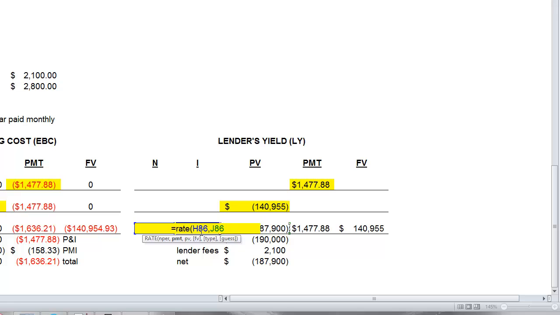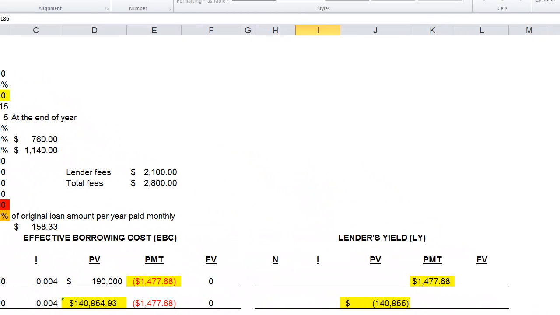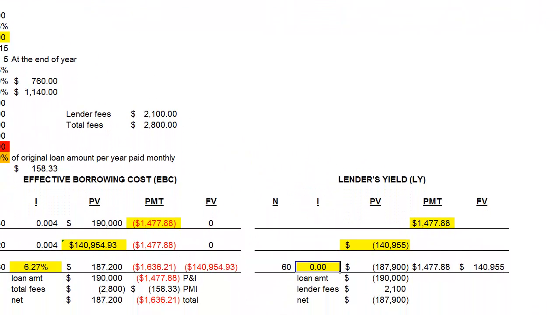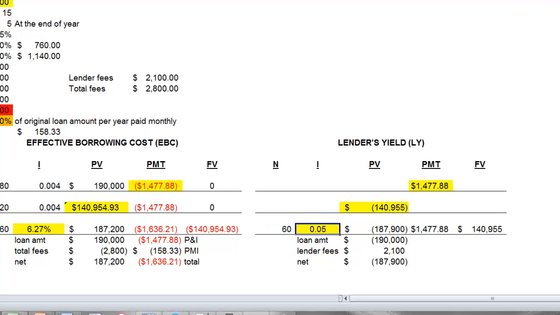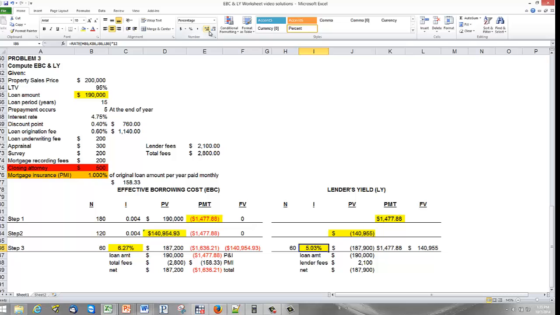N, payment, present value, future value. Multiply your answer times 12. You get 5.03. Okay. So lender's yield 5.03.